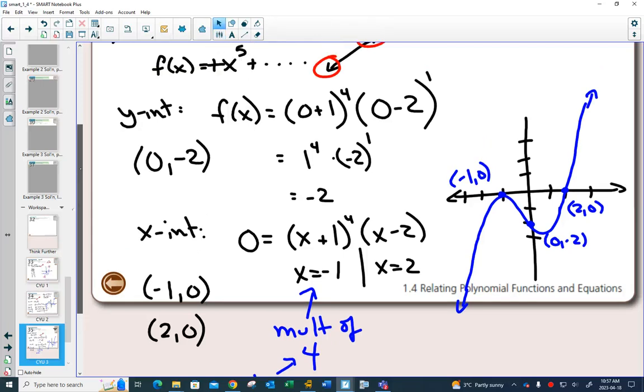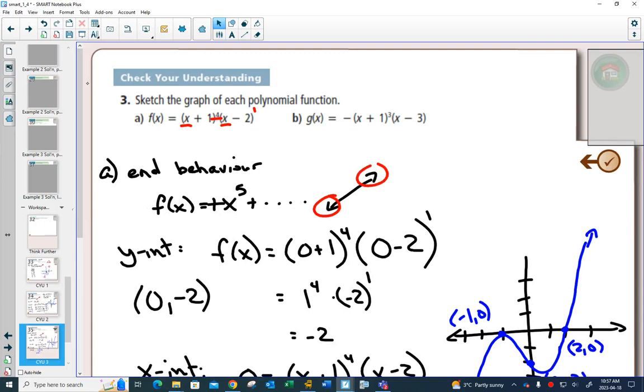So I'm going to get you to try part B on its own, but we're going to first of all just start it. I want you to figure out the end behavior of part B. Do you see that x equals minus 1 has a multiplicity of 3?